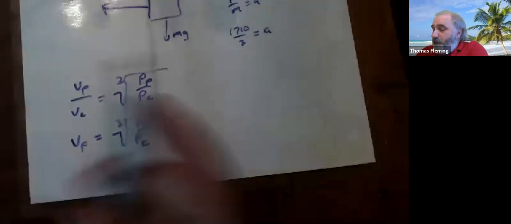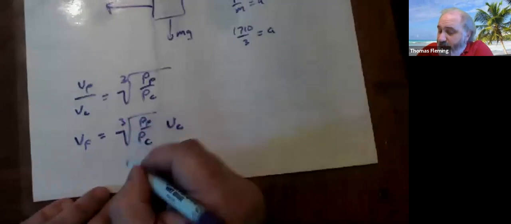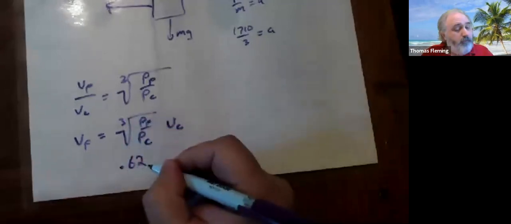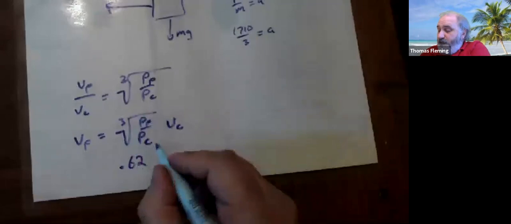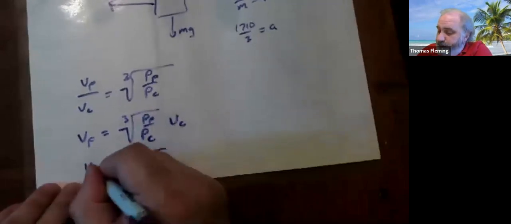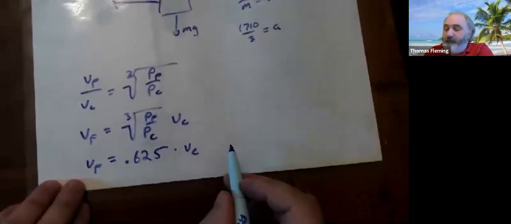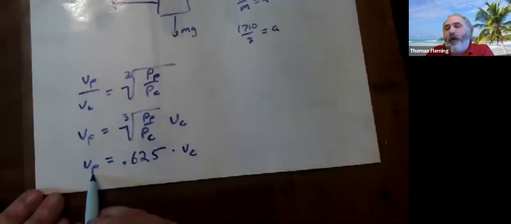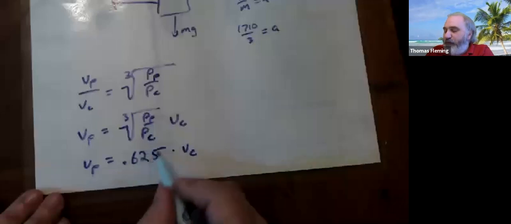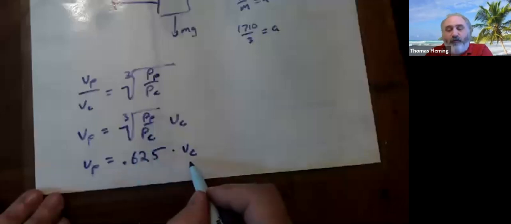So this whole thing right here is about 0.625. And what this tells me is that my Prius can probably only have a top speed of about 63% of the top speed of a Corvette.